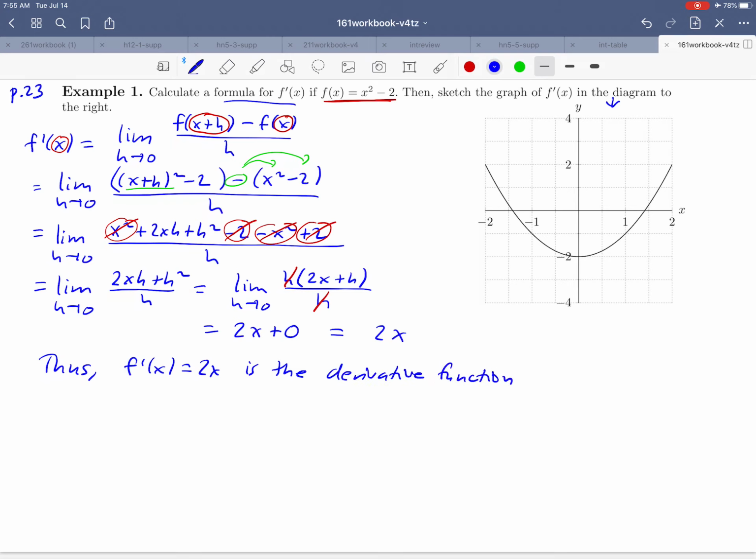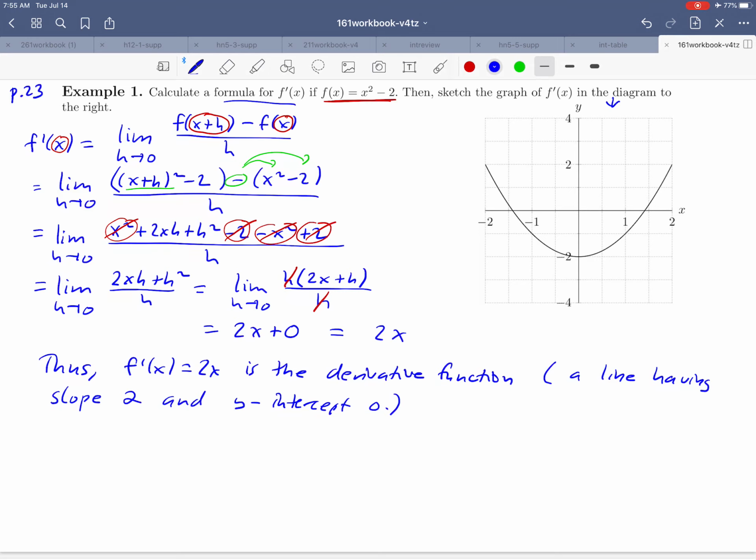Okay, we could ask the question, what is that the graph of? If you drew the graph of y equals 2x, what would you get? Well, that's just a line with a slope of 2 and a vertical intercept of 0. Okay, and y-intercept 0.